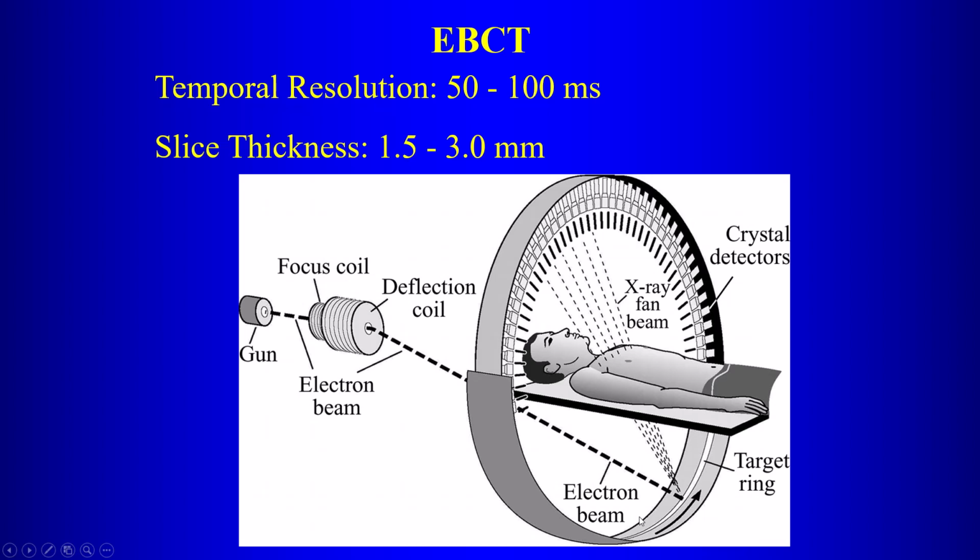So early on when coronary imaging was done looking for calcification, it was done with electron beam CT. You needed a fast imaging method, and so in this way, instead of the gantry rotating around the patient, it was the X-ray beam that was rotated around the patient through rotating the electron beam onto the target.